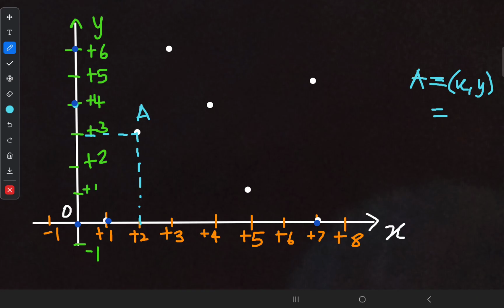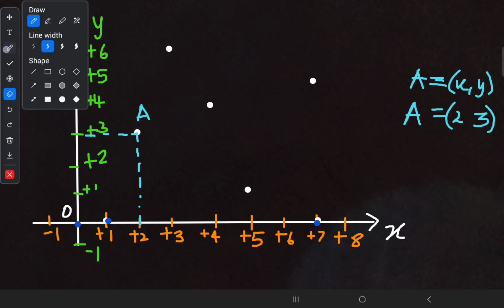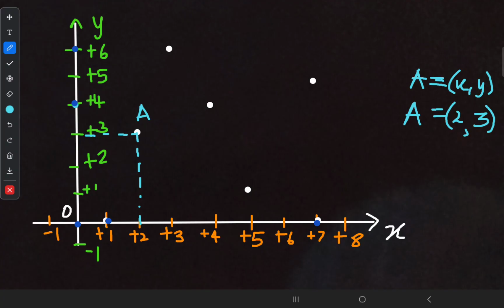So point A's x coordinate is 2, comma, its y coordinate is 3. So A equals (2, 3). This is the way you indicate the coordinates of A.